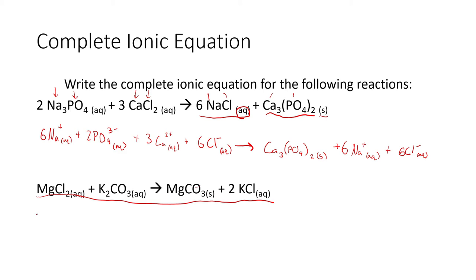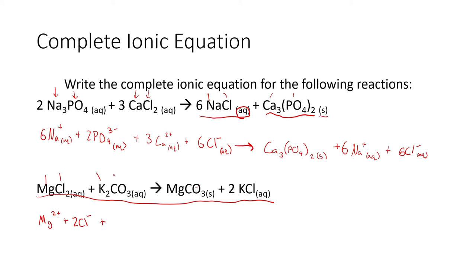So for this one, we've got magnesium as our metal, chlorine as our nonmetal. It is aqueous, so it is going to be dissolved, or dissociated, sorry. So we've got Mg, which is 2 plus, we have 2 chlorines, which one is a minus. These are both aqueous. I'm not going to bother to write them out. It's going to take too much time if I write all of these out.